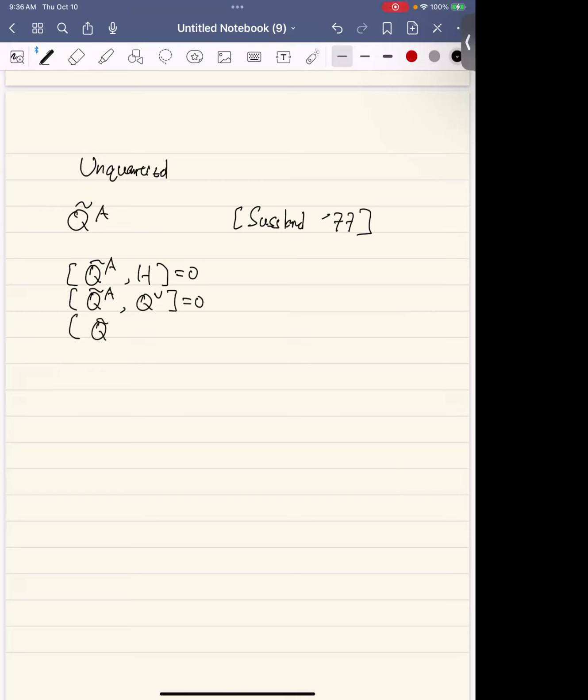The only price you pay is that it does not have quantized eigenvalues. So if you make a comparison, you can either have a quantized charge or an unquantized charge. This one has quantized eigenvalues, this one does not.